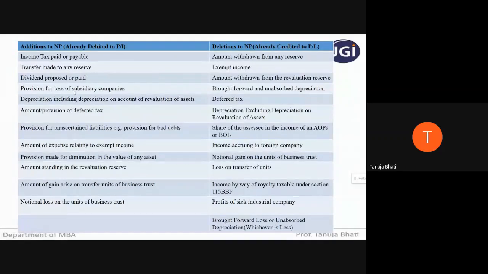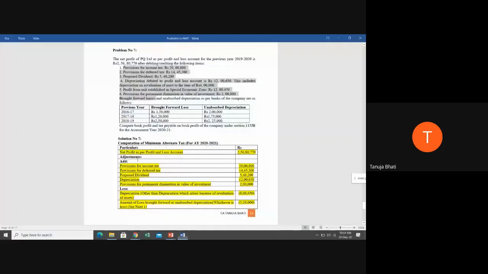So know whether it has to be added or deleted, and what is the amount to be added and deleted. If in the exam they ask you a full-fledged problem, like as per the normal provisions as well as MAT, solve that, but don't waste your time. Read the question properly. What are they asking for? Only if they're asking under section 115JB, your answer will be limited to calculating the book profit.